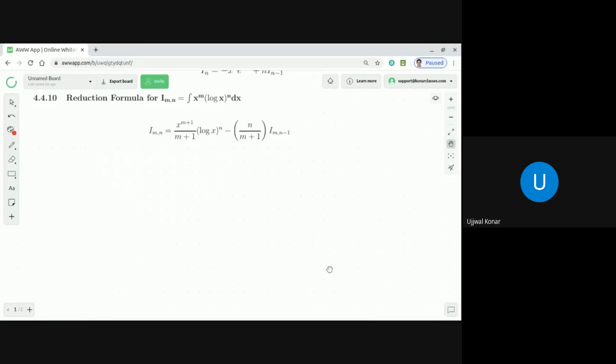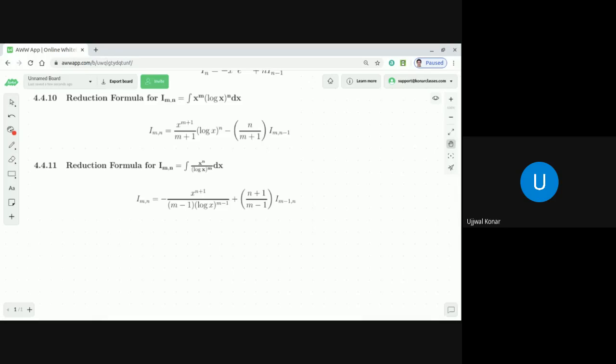As you see, here we define Imn equal to the integration of x to the power n by log x to the power m dx. Then Im comma n is actually minus of x to the power n plus 1 by m minus 1 into log x to the power m minus 1, plus n plus 1 by m minus 1 into Im minus 1 comma n.